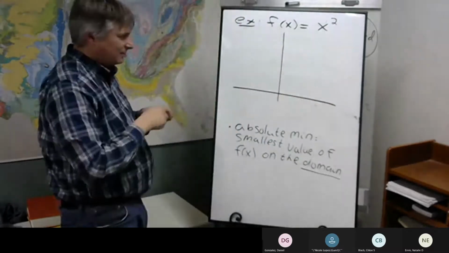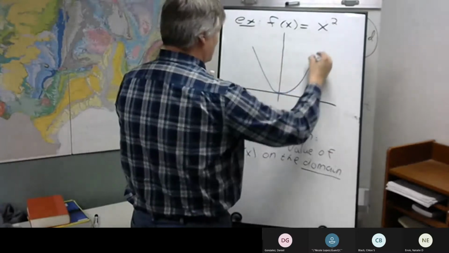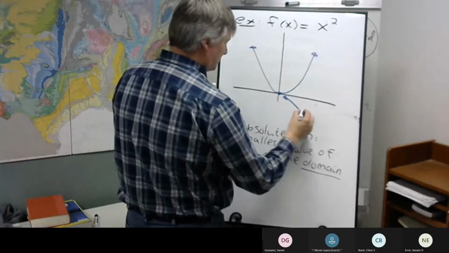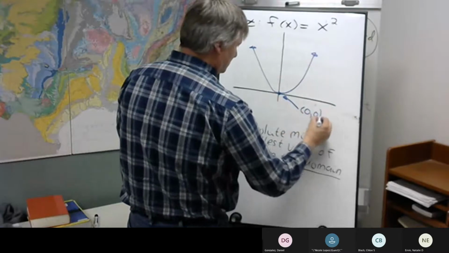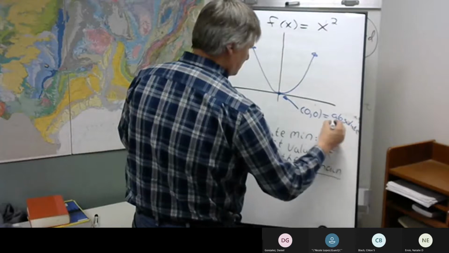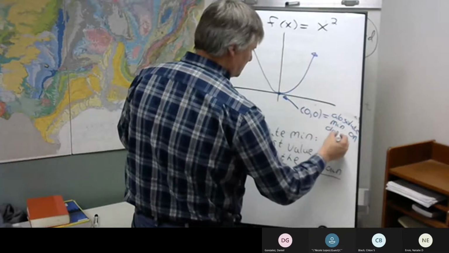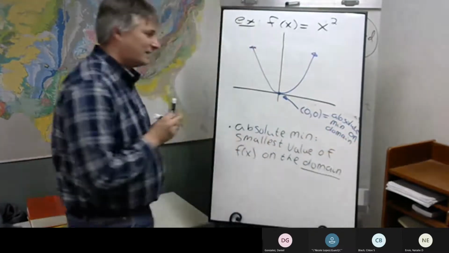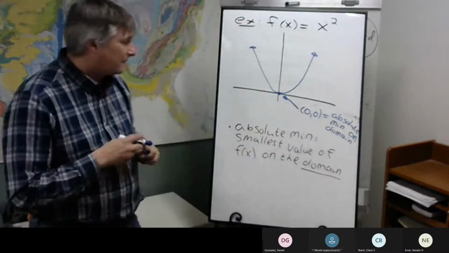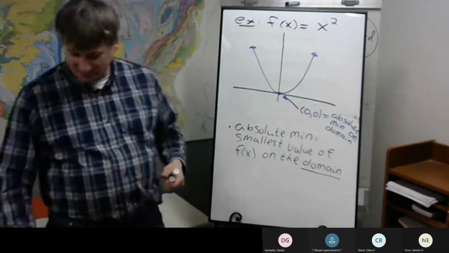Take a look at this function on the domain. So again, it's that lowest point, or that smallest point, I guess you could say, that's going to be on our graph. And again, we have a formal way of expressing this.